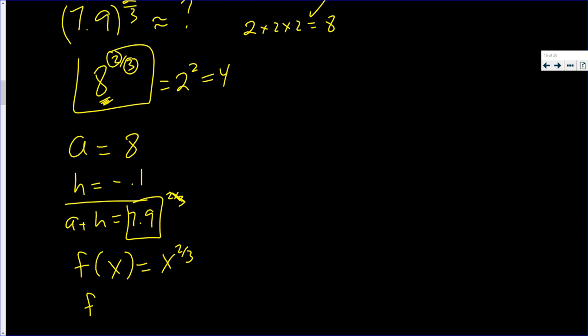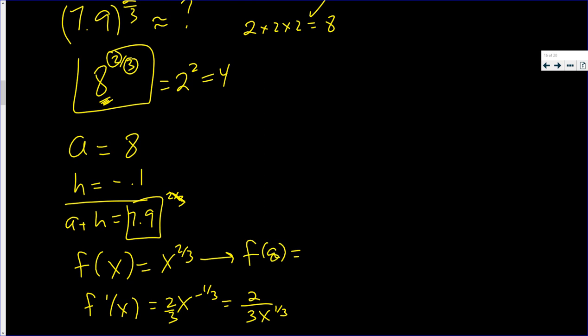That means f prime of x will be, bring down the power, make the new power 1 less. So it's 2 over 3 x to the negative 1/3. Now, I know what f of a is. f of 8 is 8 to the 2/3, which is 4.